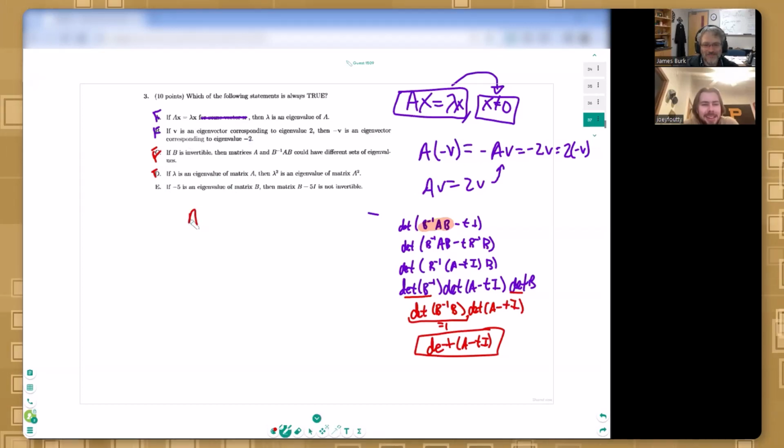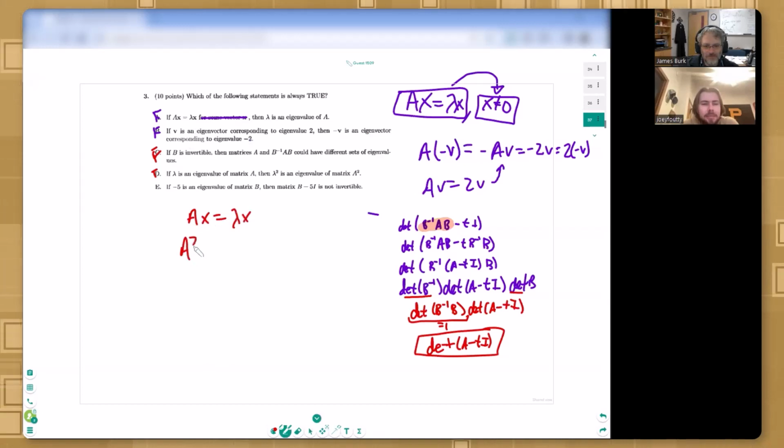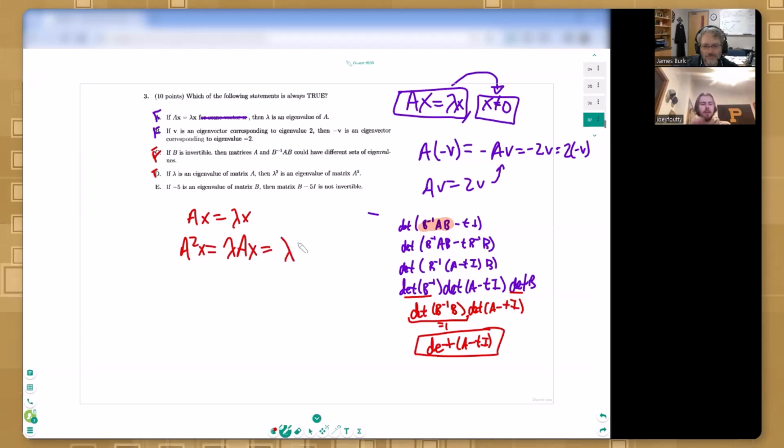Okay, yeah, this is kind of a no-brainer real quick. If you were to take this and then operate, there it is.